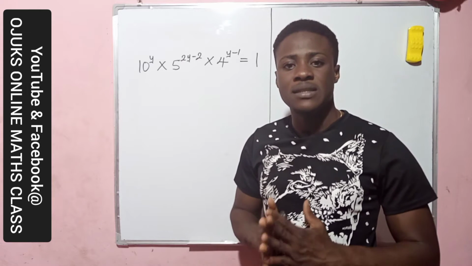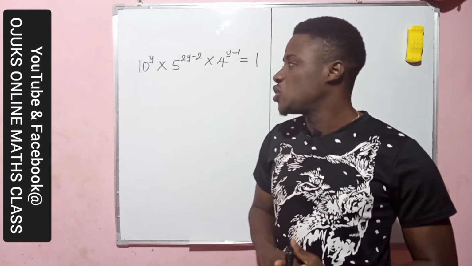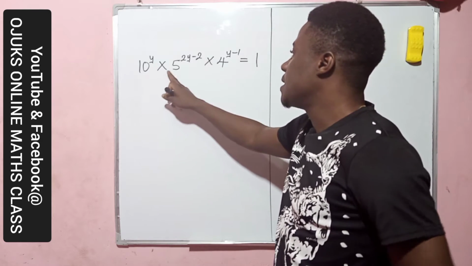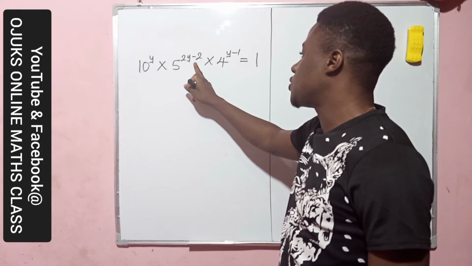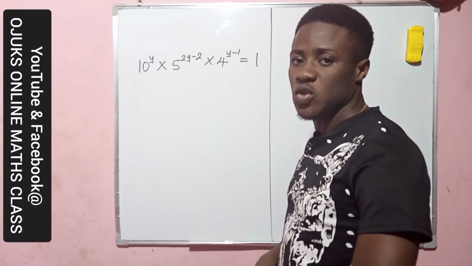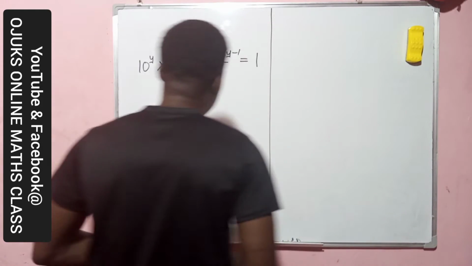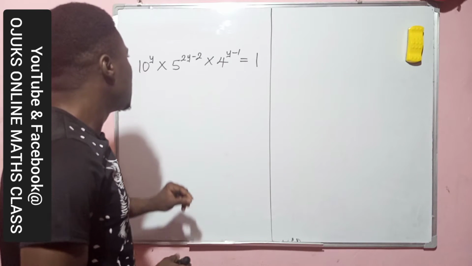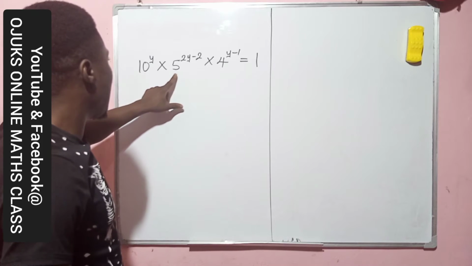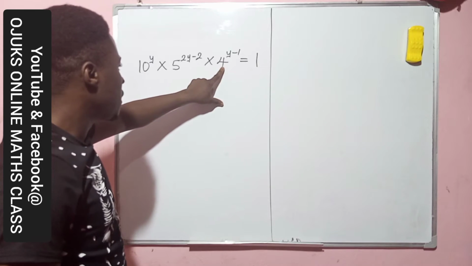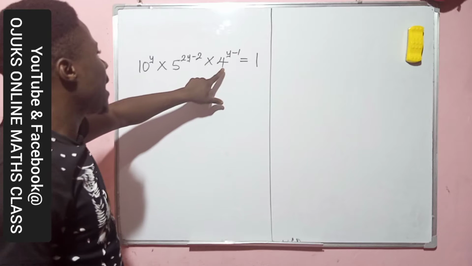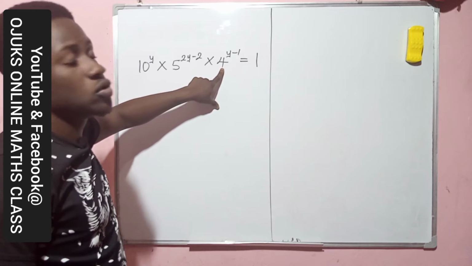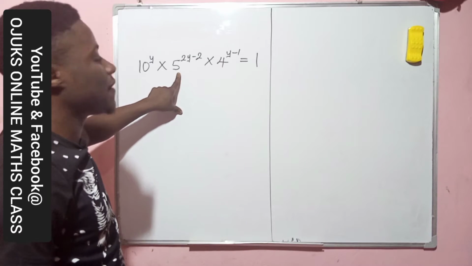It is very simple. First thing you have to do here is this. We have 10 raised to the power y times 5 raised to the power 2y minus 2 times 4 raised to the power y minus 1 equals 1. How do you go about solving this kind of question? I have 10, I have 5, I have 4. In this case, I can only express 4 in index form as 2 raised to the power 2, unlike 5 and 10.